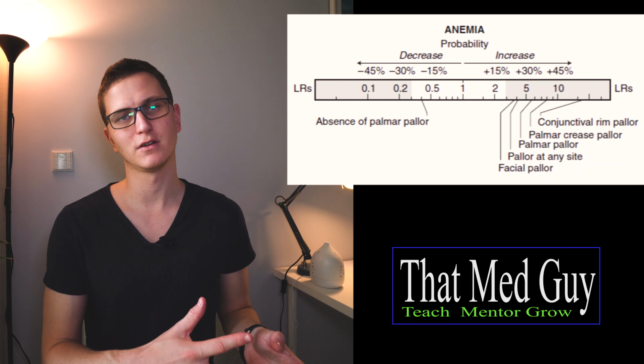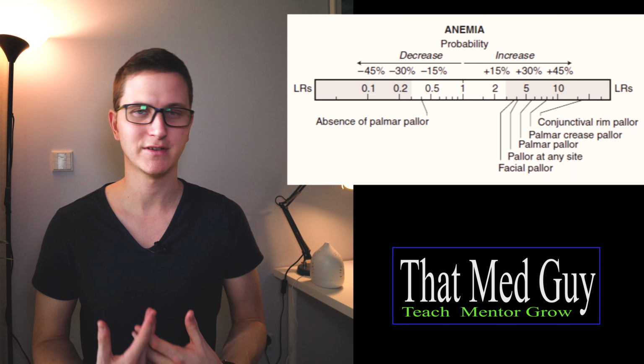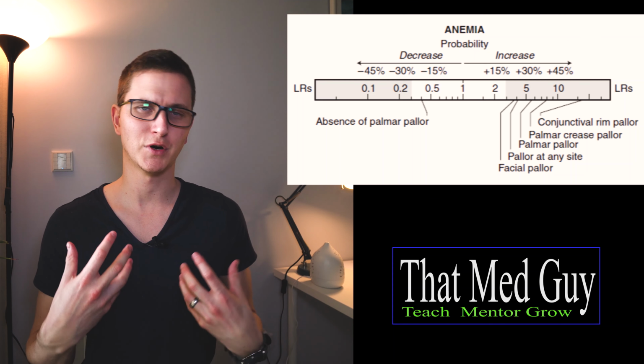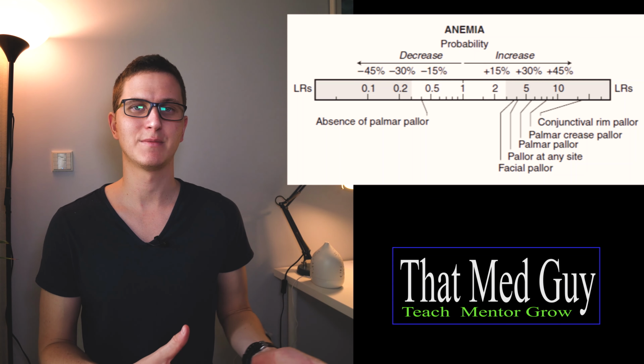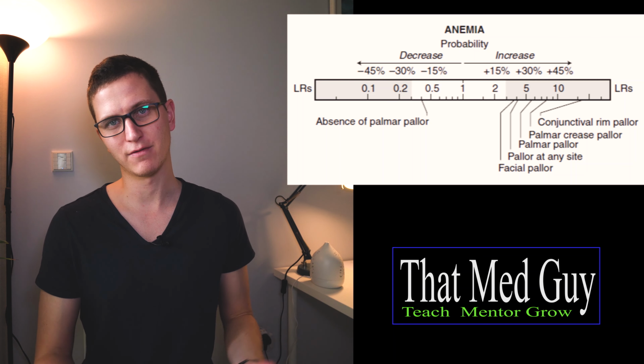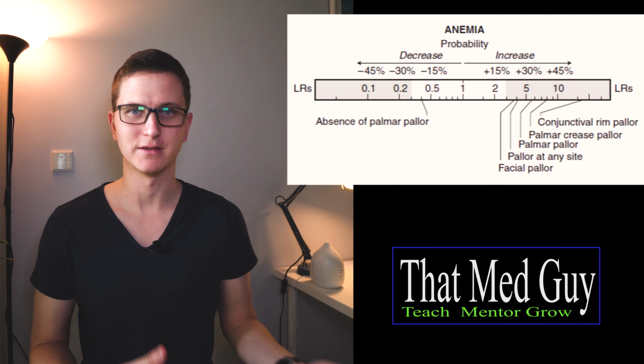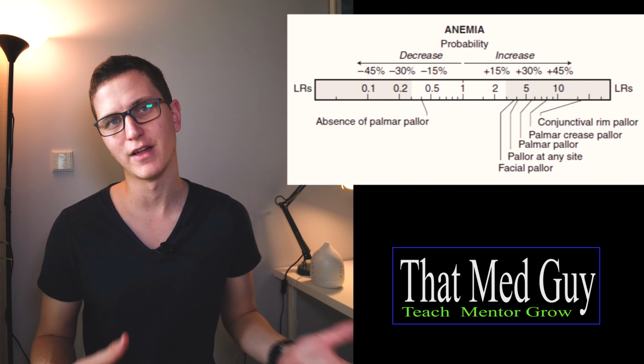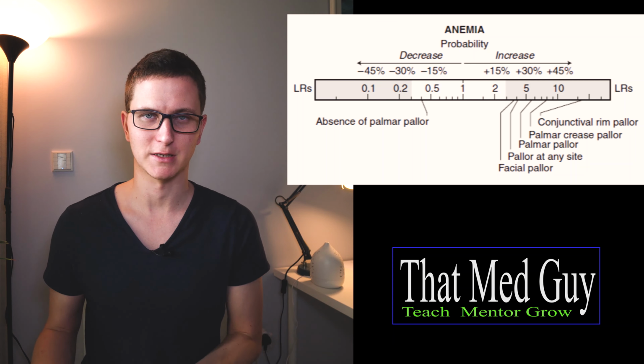So every single test, every single diagnostic procedure that we do has the ability to add to or take away from the chance of the presence or absence of that disease or possibility.